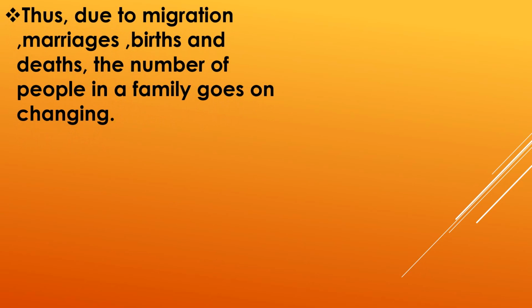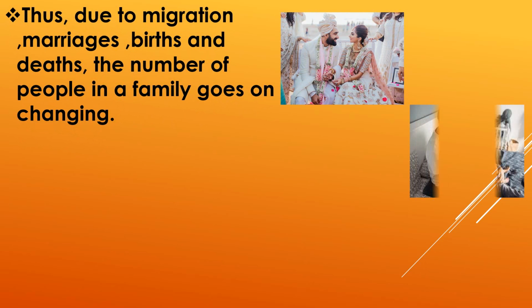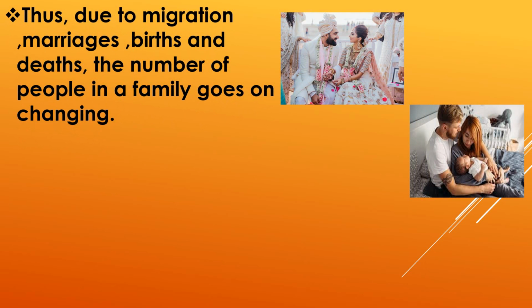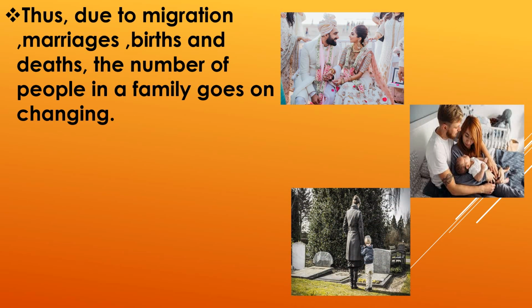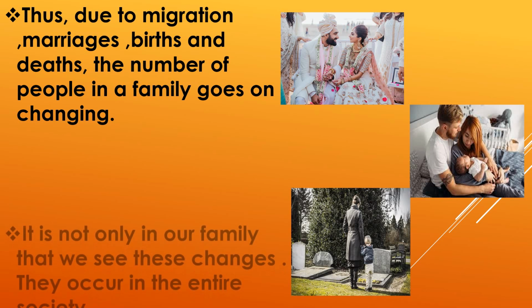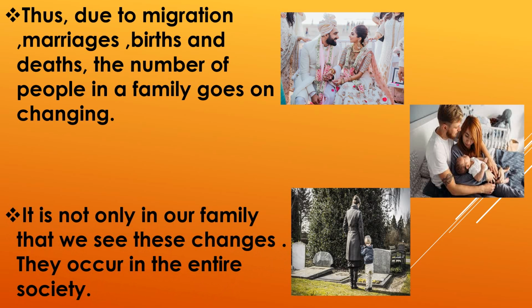Thus, due to migration, marriages, births, and deaths, the number of people in the family goes on changing. It is not only our family that has these changes. They occur in the entire society.